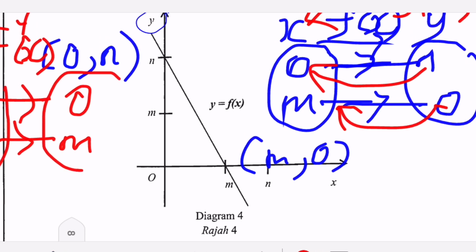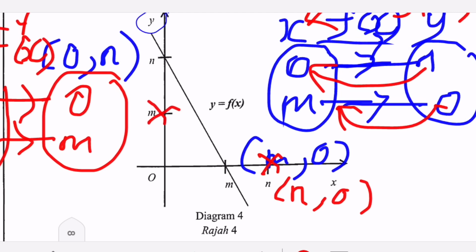Okay, now we draw out the inverse function in red color. Our object is n mapped to 0. Another object will be 0 mapped to image m. That is the one in red color, which is the inverse function.